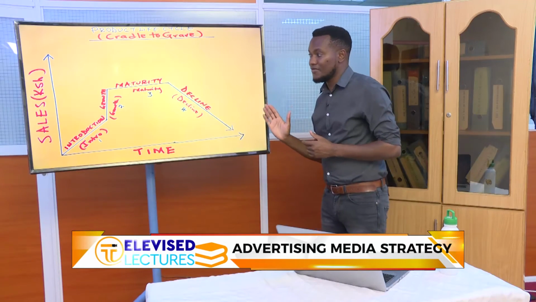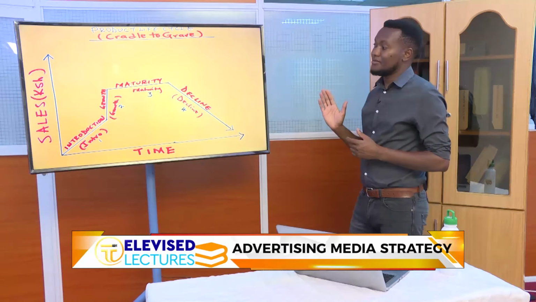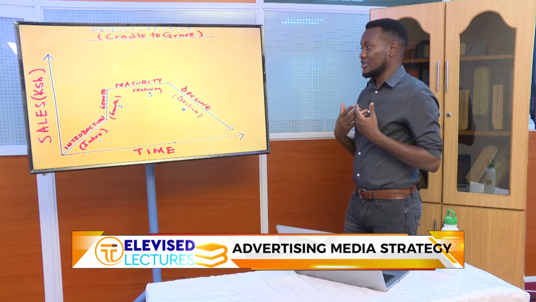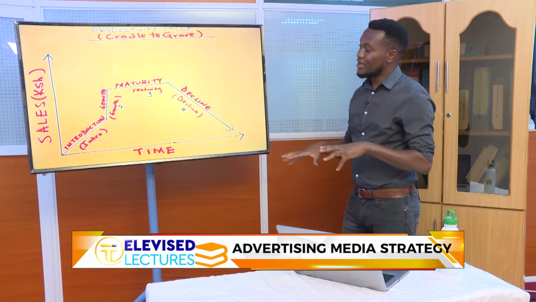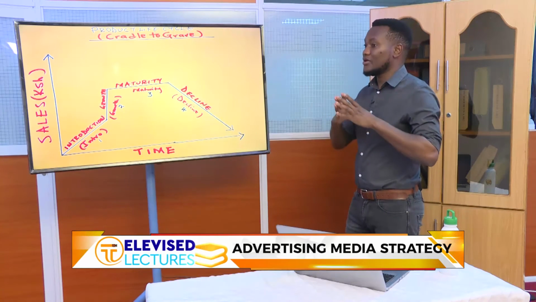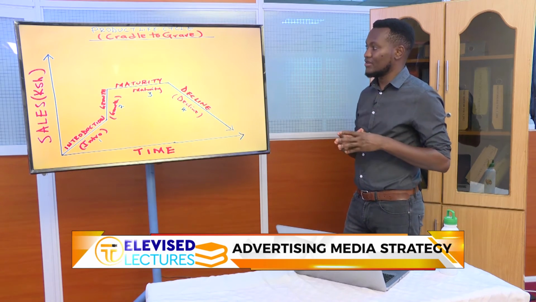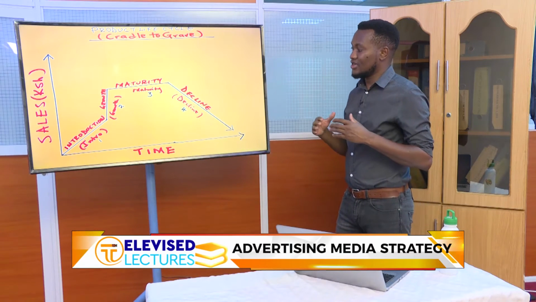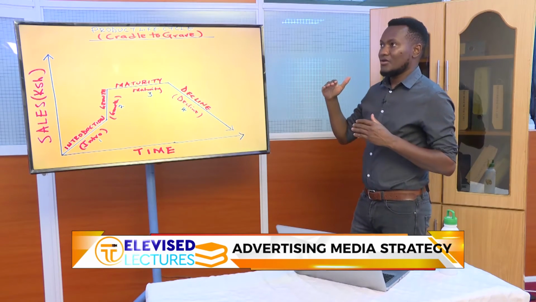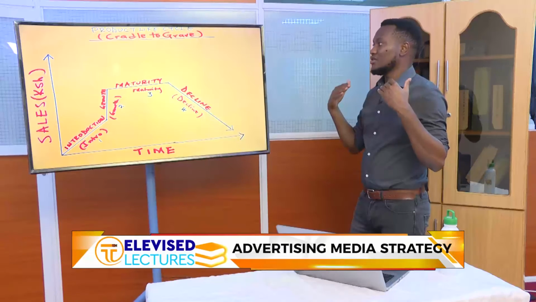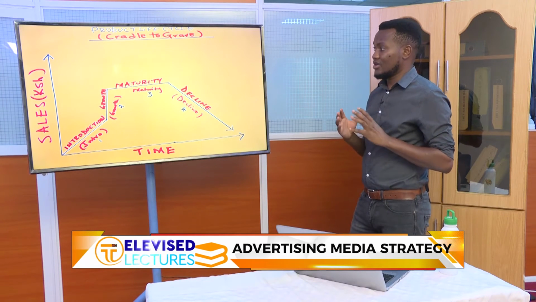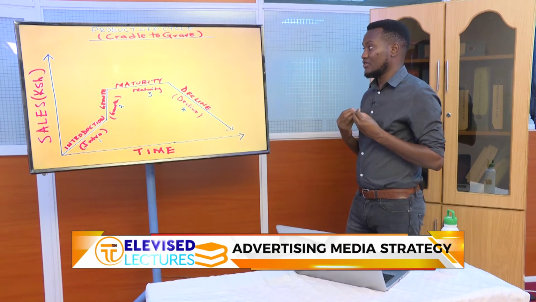And then it gets to a level where the product has already percolated the marketplace. People are already aware of this product, they have confidence in it, and we can say that it's reached a kind of peak where probably you can't push the limits any further. So we say now that the product has entered the maturity stage.